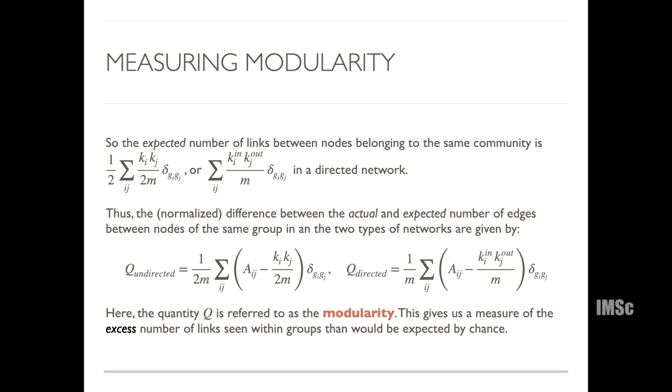So for example, suppose my kikj by 2m, if it turns out that upon doing this, it turns out to be 0, it means that on average, whatever links I am actually seeing are basically more or less what I expect to see, right? And so that means that essentially there is no modular structure, so to speak. I'm just doing it at random and I'm getting the same thing.